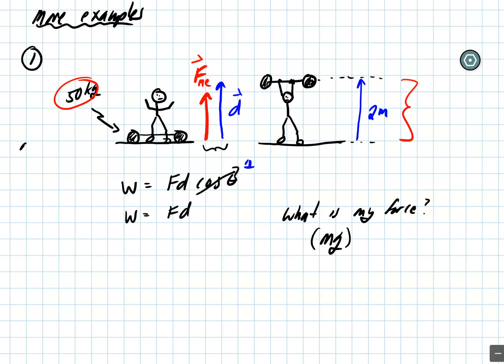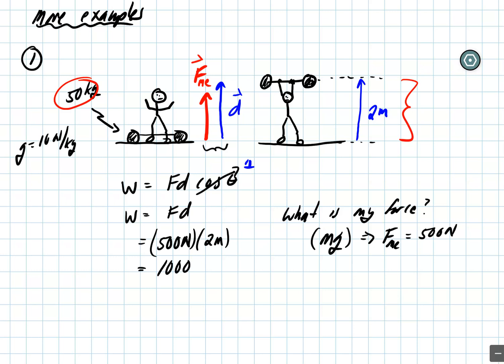And if we just use g equals 10 newtons per kilogram, so we don't need a calculator, then your force, or my force really, because I don't want to say FU, is going to be 500 newtons. And so we go into our basic equation here, and we say 500 newtons times the distance through which you exerted that force, 2 meters. That's going to be 1,000 Newton meters, but of course we say 1,000 joules.